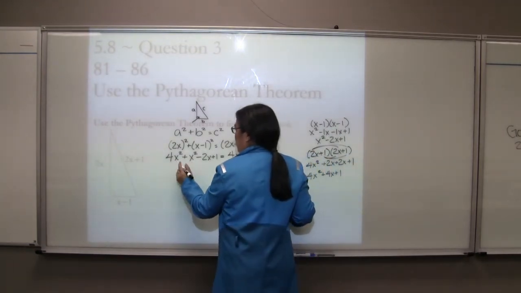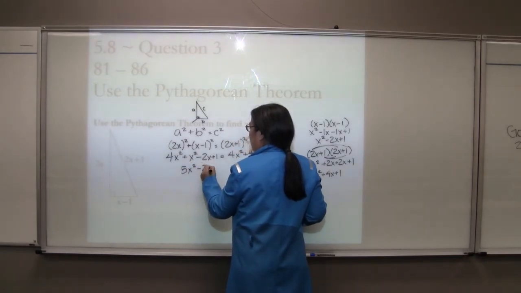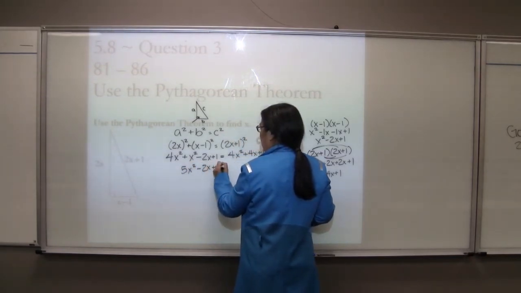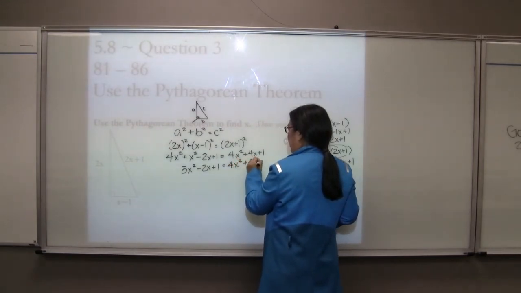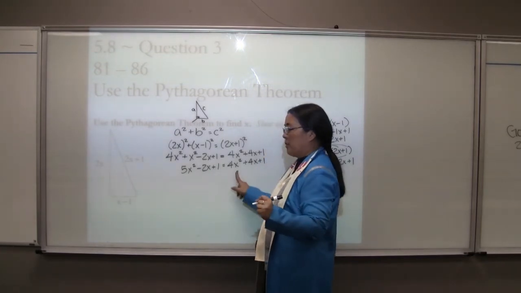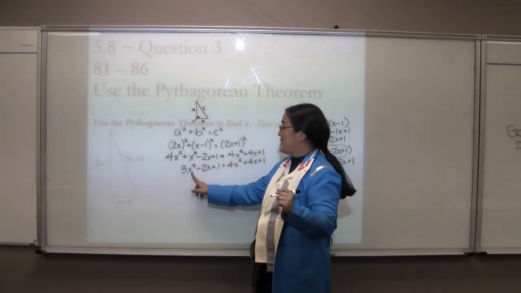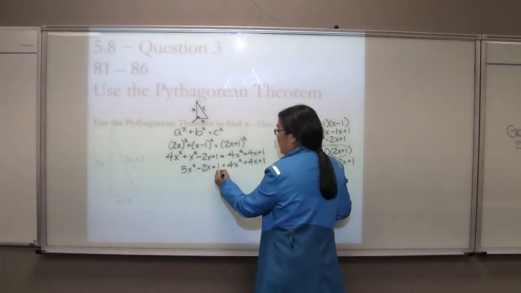If I combine like terms here, I will get 5x squareds, and this is going to tell us which way we're going to move everything. I have 5x squareds here, and I have 4x squareds here. I want this to be positive when I'm done with it, so I'm going to move everything to the left.